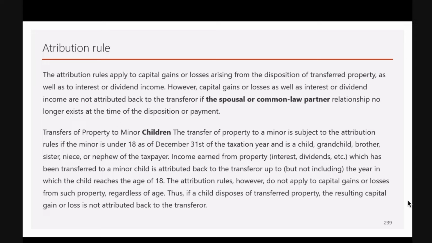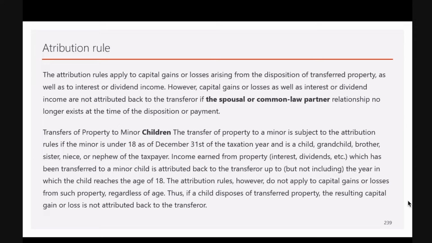When the investment income comes to your account, by that time if the relationship has broken down and no longer exists, that is, the people are divorced, or common law partners are separated over 90 days, which means the common law partnership no longer exists, then at that time the attribution rule stops. They won't attribute back to the transferor.